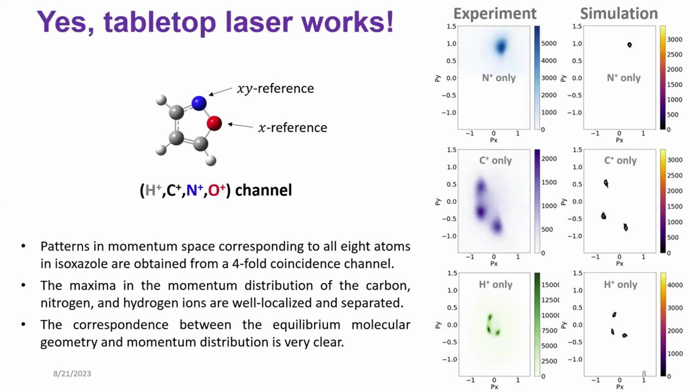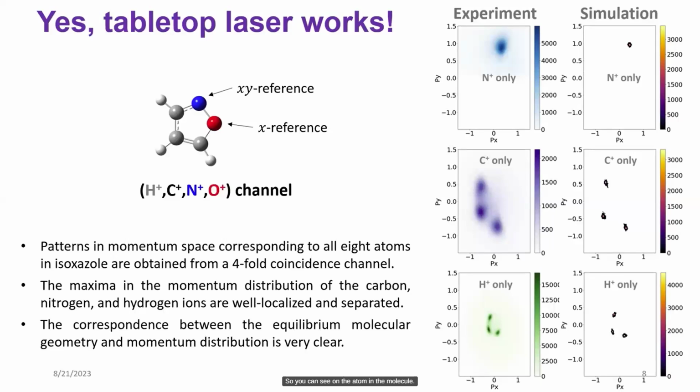Here we look at the events where we detect at least one proton together with one carbon, one nitrogen, and one oxygen, and then we plot it the same way. We plot the momentum of the oxygen on the x-axis, and the nitrogen on the top of the xy plane.